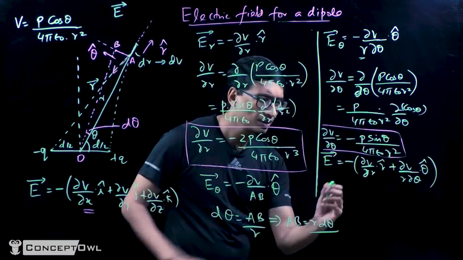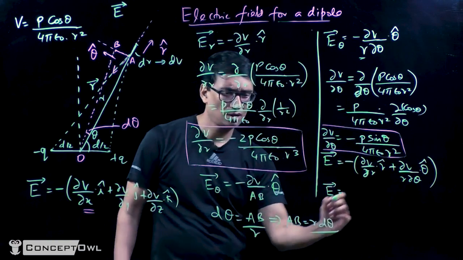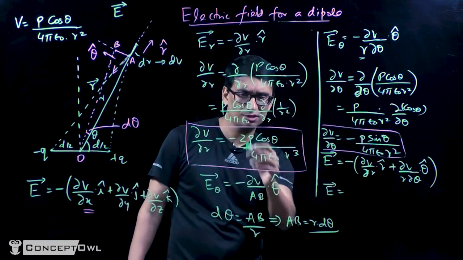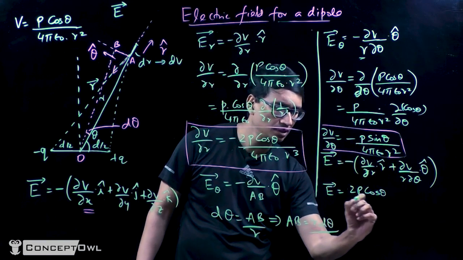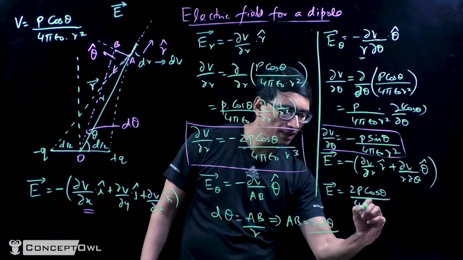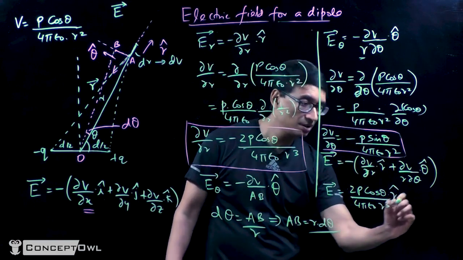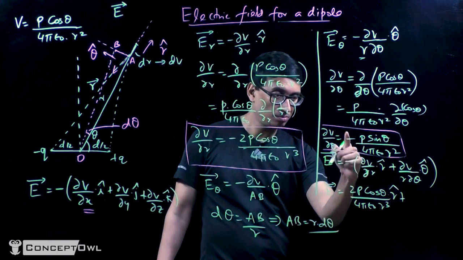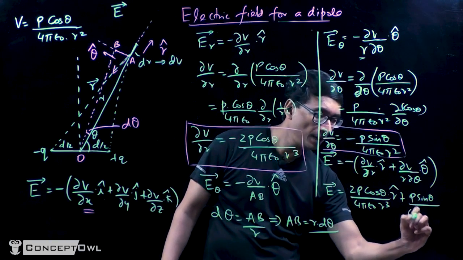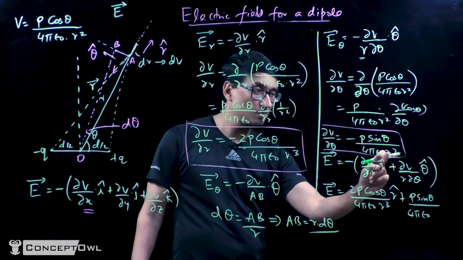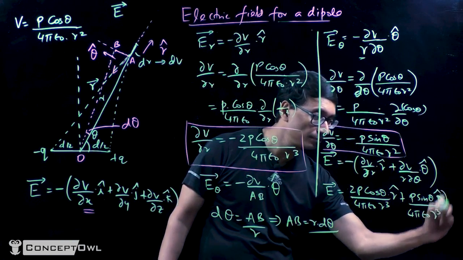Now both have minus, so I'll cancel the minus here. So we'll find the electric field is equal to 2p cos theta upon 4 pi epsilon naught r cube into r cap, plus, again the minus and minus will cancel, p sin theta upon 4 pi epsilon naught r square, but remember there is an extra r here, so this would be r cube, into theta cap.